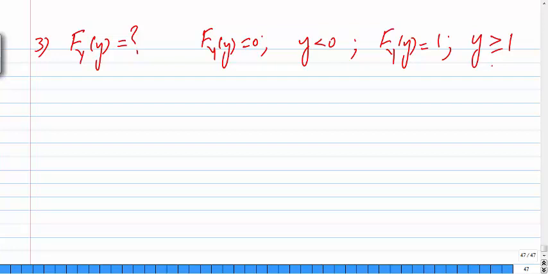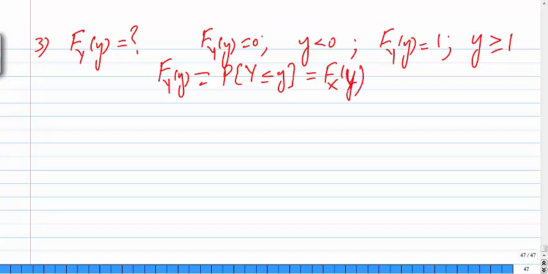So we have the range left, so we have to find the probability of y, that is equal to the probability that y is less than small y, that is equal to fx of y from the definition, and this is only applicable when y is between 0 and 1.